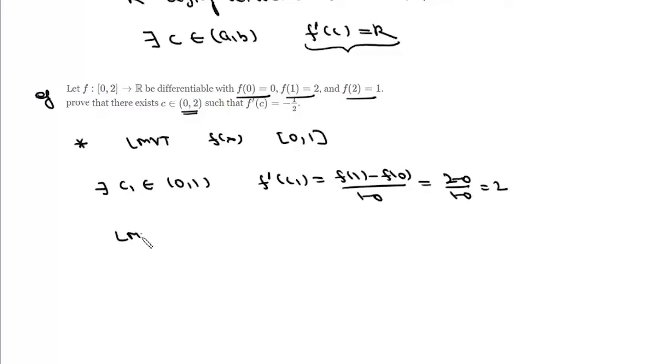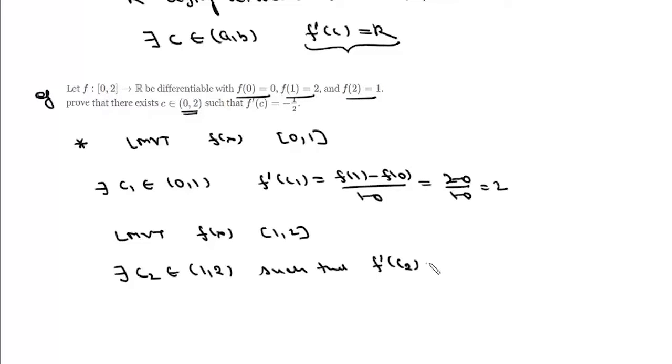And if we apply Lagrange's mean value theorem on this function in the interval [1, 2], then there exists at least one c2 in the interval (1, 2) such that f'(c2) will be equal to (f(2) minus f(1)) upon (2 minus 1), and here the value of f(2) is 1, the value of f(1) is 2, so this value is minus 1.